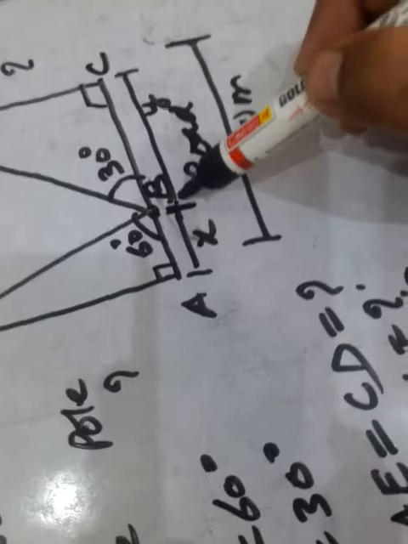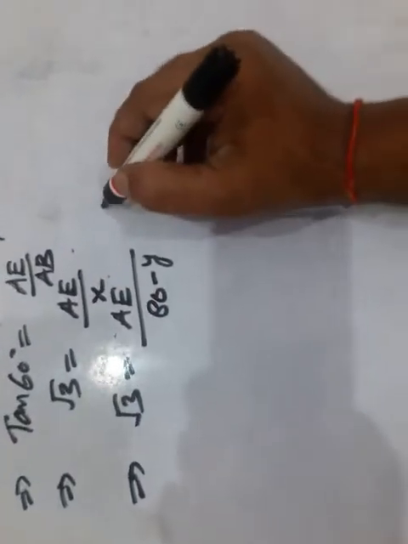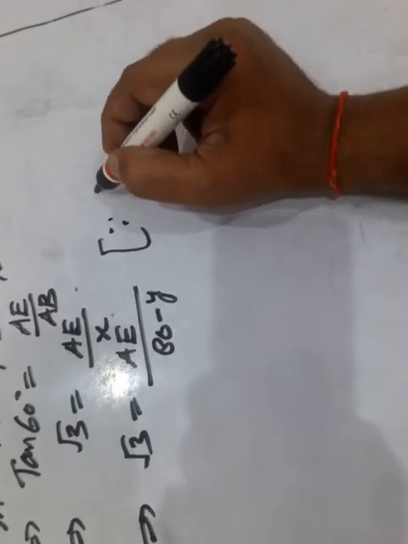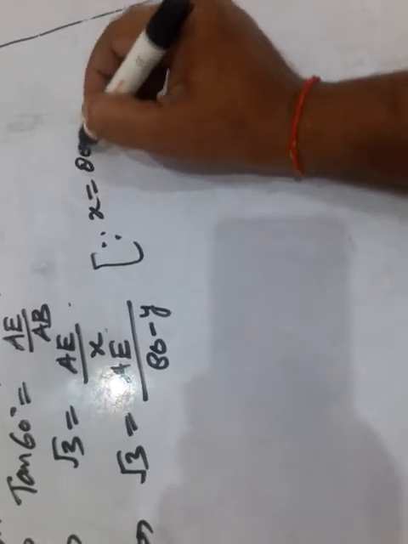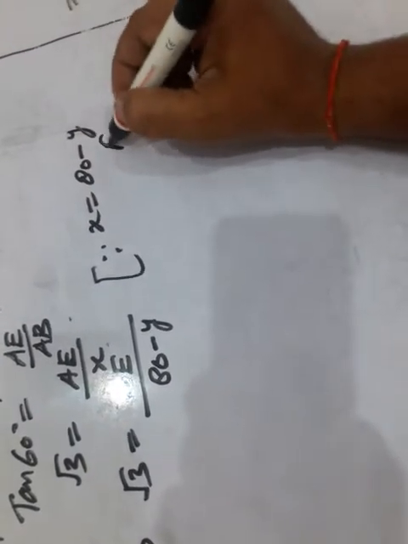This part is AB equal to X and BC equal to Y, and the total is 80. So X equals 80 minus Y. Total minus Y is equal to X. So we have converted X here. Since X equals 80 minus Y from the figure.